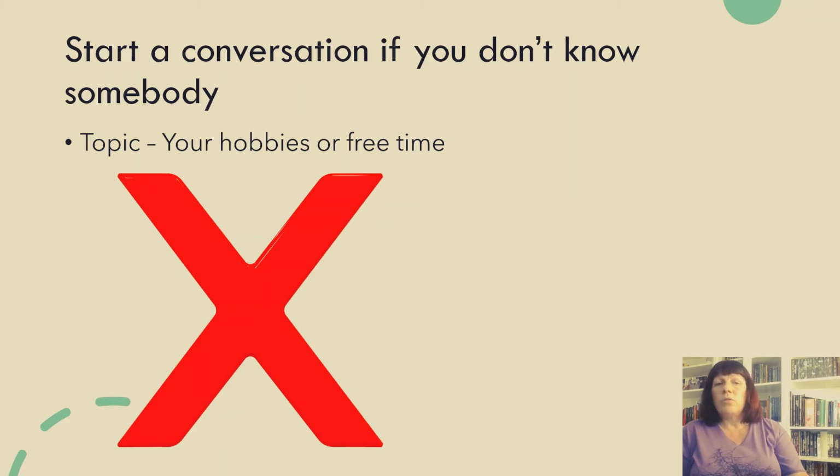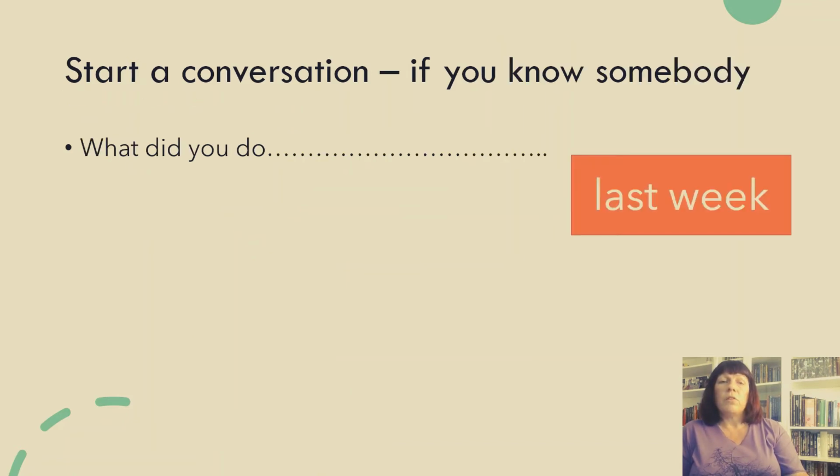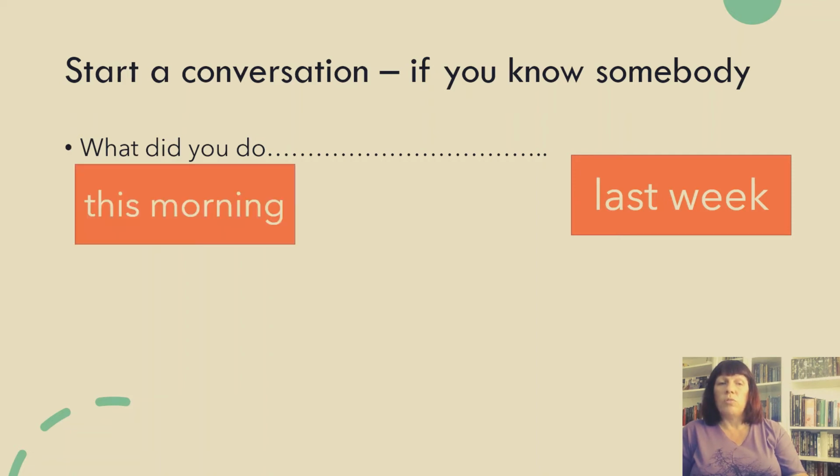And so talking about your hobbies or free time isn't something I would do if I didn't know somebody. What about starting a conversation if you know somebody? Well, yes, you could ask, what did you do this morning? What did you do yesterday? What did you do last week? And that's talking also about your free time.